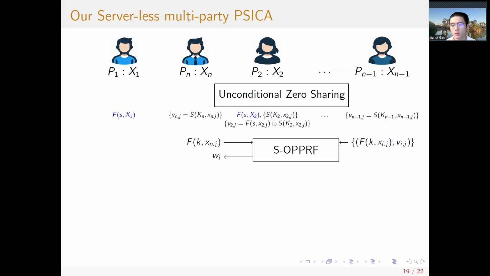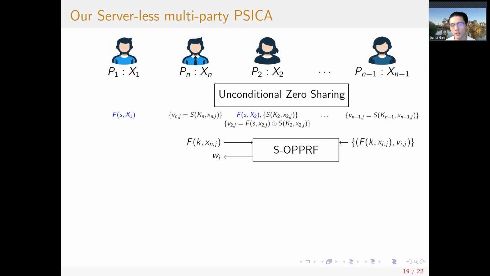The next step is to invoke the server aiding OPPRF functionality, where before that, each party agrees on the key K and then computes the PRF value of their input over this key K. Each Pi plays as the sender. The key will be the PRF value of the input, and the value will be the V from the previous step. The receiver will be Pn with input of the PRF value of his input, and learns the output Wi from this functionality.